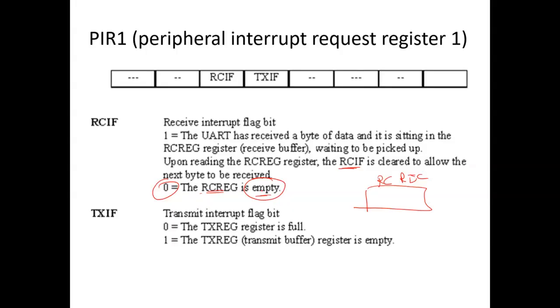We didn't receive anything, we didn't completely receive any byte. Once a byte of data is received, it is available here, and then the flag will be 1. So practically in the program, we have to wait for the flag to be 1, which is the RCIF. If the flag is 1, meaning you have data available in the RC register, you just have to read it. Once the data is read, the flag is cleared automatically. So you have to read the data in order to clear the flag.